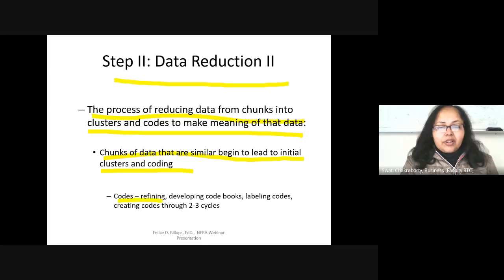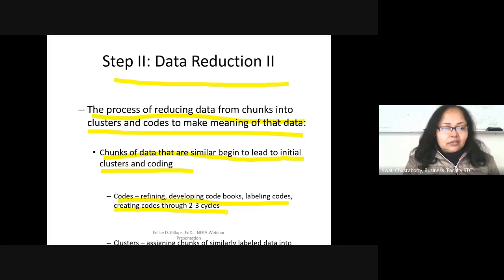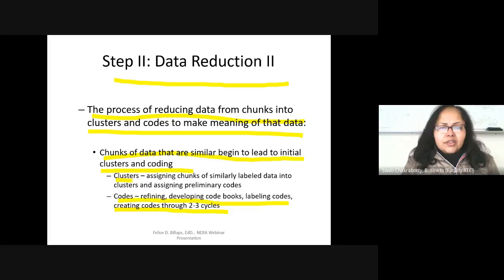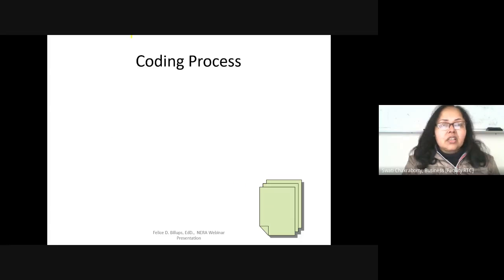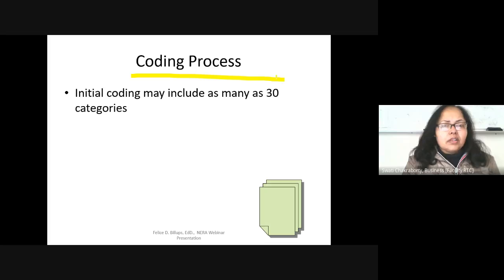Coding is where you are, for instance, refining and developing code books, labeling codes, creating codes through 2 to 3 cycles. And when we talk of clusters, that's where you are assigning the entire chunks of similarly labeled data into clusters and assigning some preliminary codes. And the next coding process, what happens there?